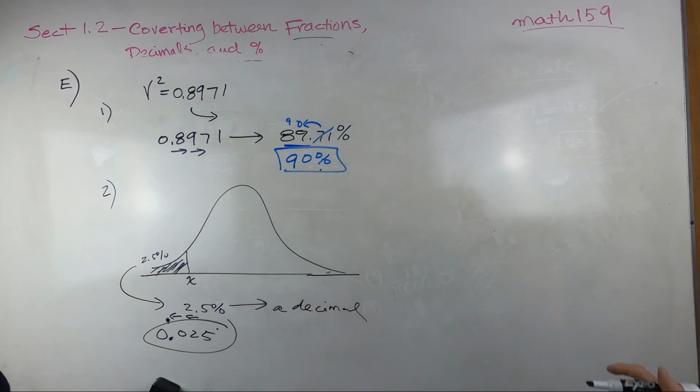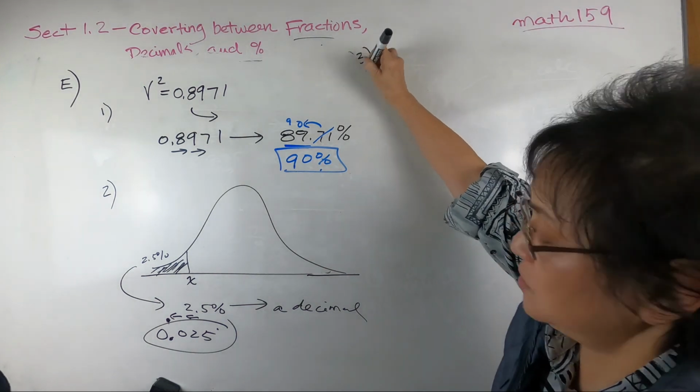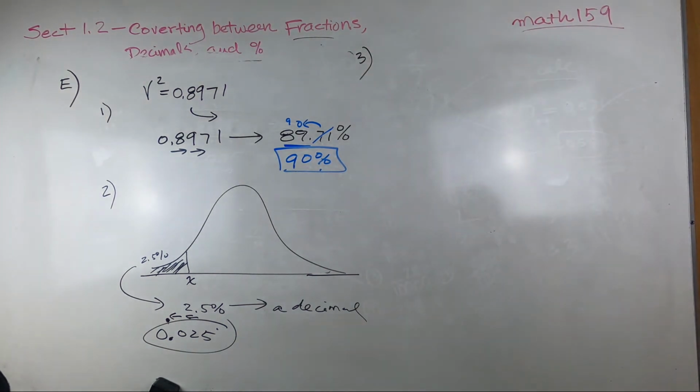Look at the next one on your page 8. You will encounter this quite a bit later on to find something called probabilities. Probabilities means how big the chance is that things will happen, possibly happen, probably will happen.